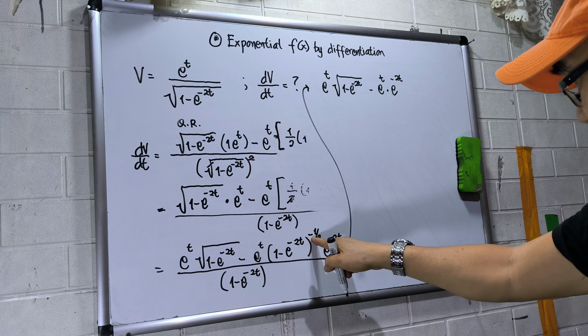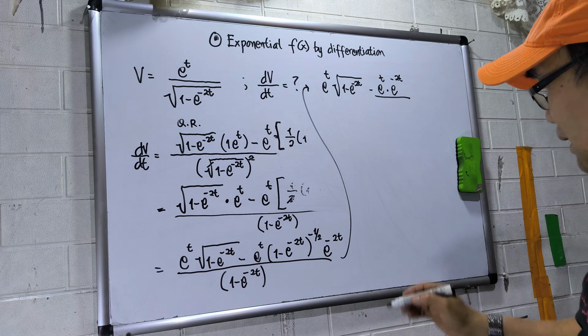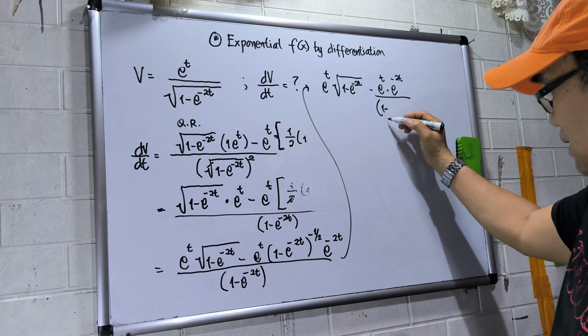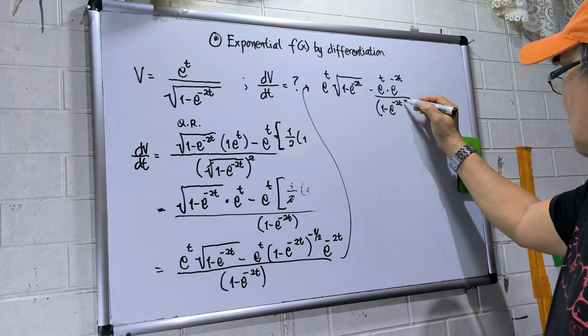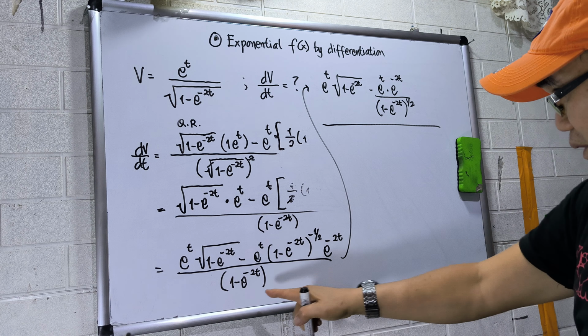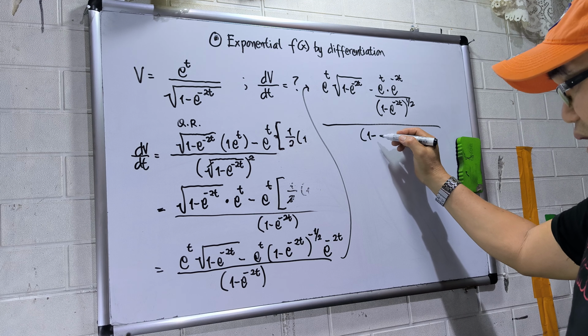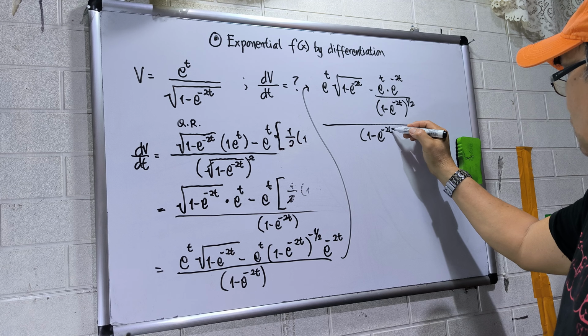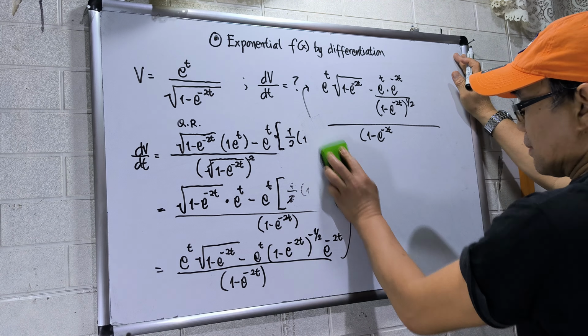Then take note, this is negative, so I will place it below the bar line. So this will be 1 minus e raised to the negative 2t raised to positive 1/2. And then this will be over circle brackets 1 minus e to the negative 2t. Okay? Then I will simplify this one.